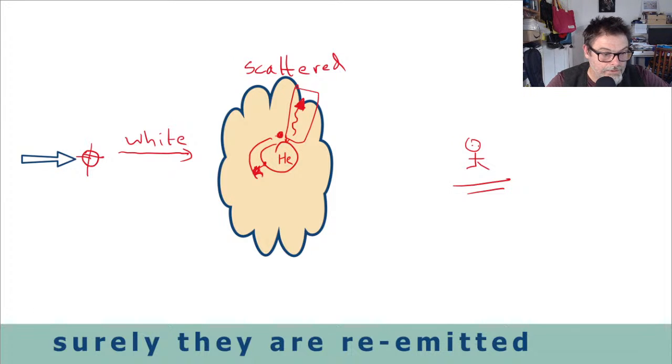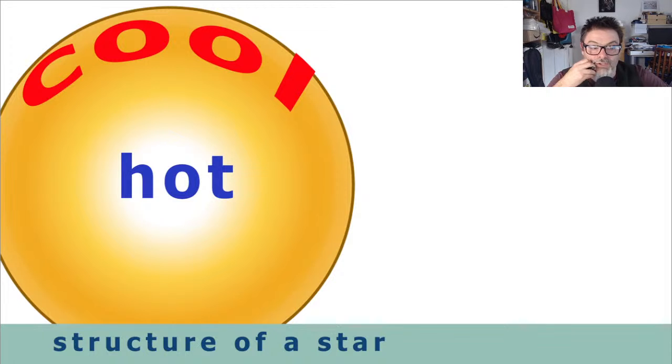Another thing that's really interesting here is to think about the structure of a star, because you can learn a lot about this. If you do the astrophysics option, you'll get to learn all about this, but the inside of a star is a lot hotter than the outside of a star.